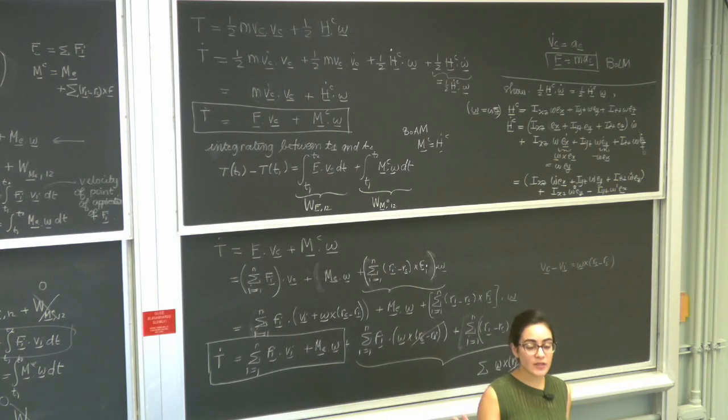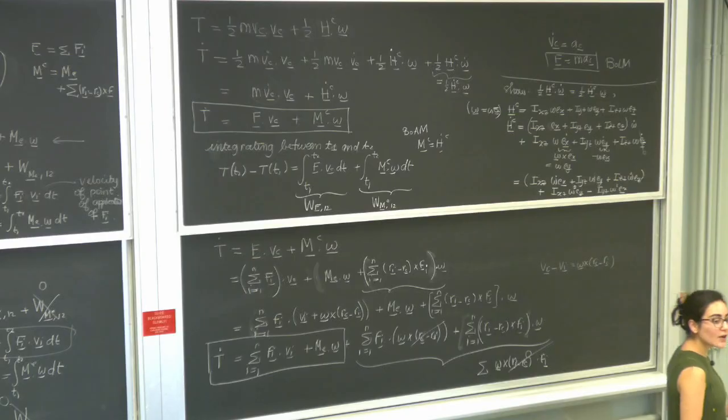The spring force and the weight. And what about the reaction force at O? It's not conservative, but what is its work? 0. Why? Because its point of application has 0 velocity. Okay, great. Any questions?